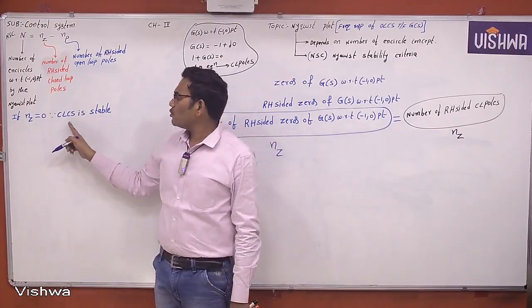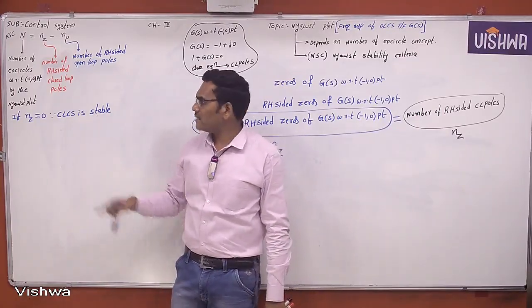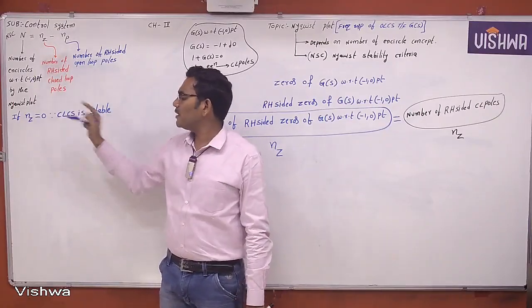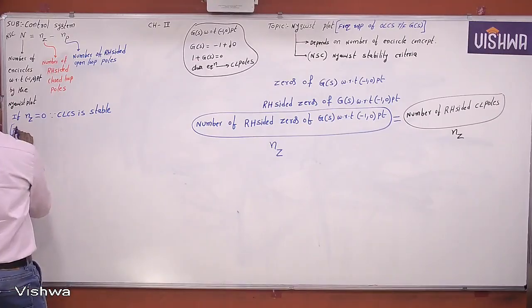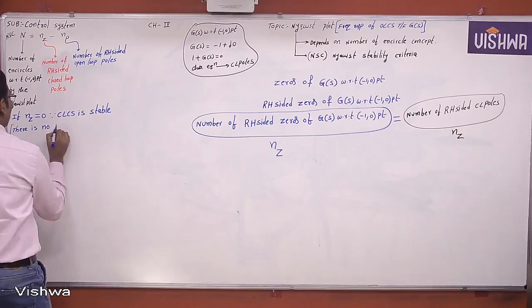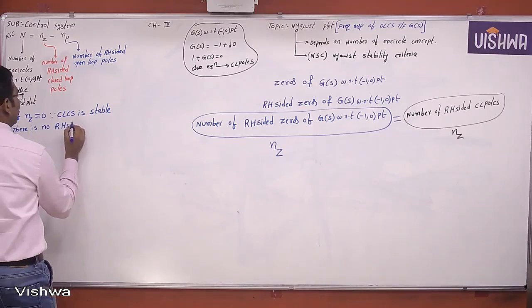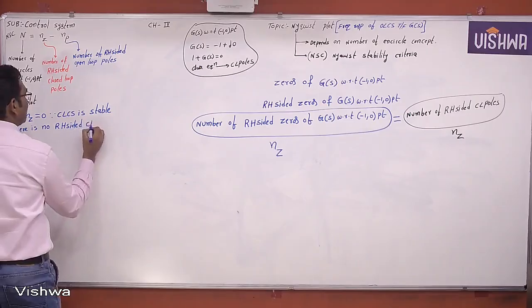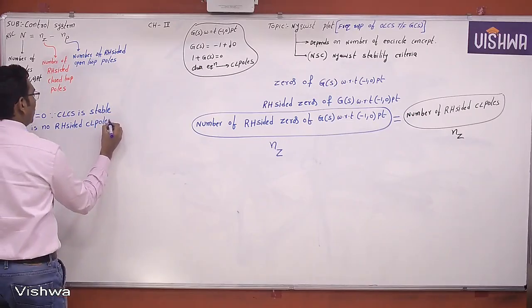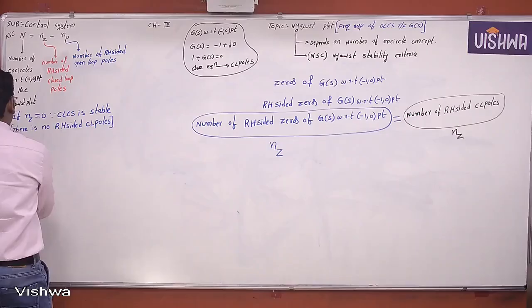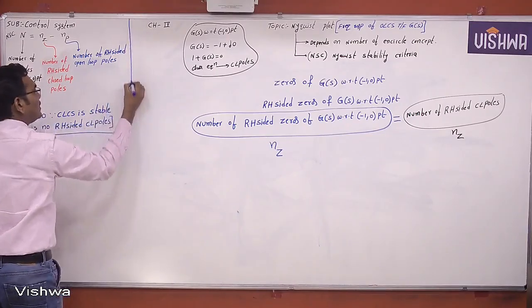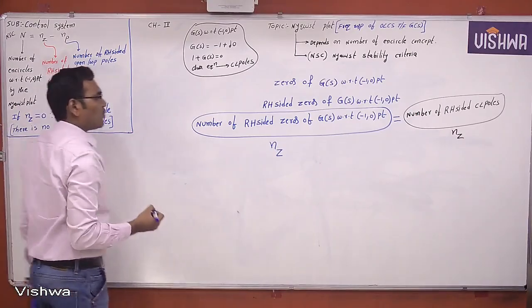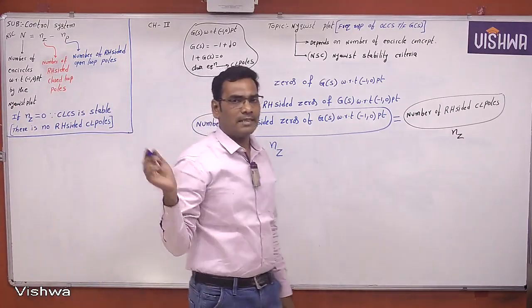So if you want a closed loop control system to be stable, then among these parameters NZ must be 0, which means there are no right-hand sided closed loop poles, such that the closed loop control system is stable. If you understand these three parameters, the Nyquist plot will be the easiest plot. No doubt.